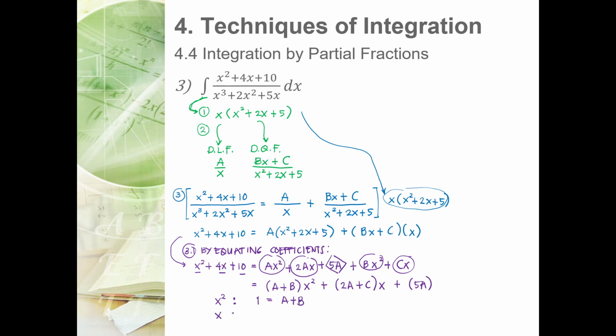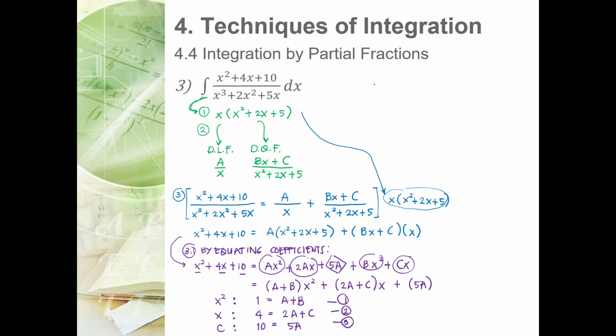Next is the x term: the coefficient of x on the left side is 4, then the right side is 2a plus c. Then lastly the constant: that's 10 on the left side, and 5a on the right side. So you have three equations, three unknowns.